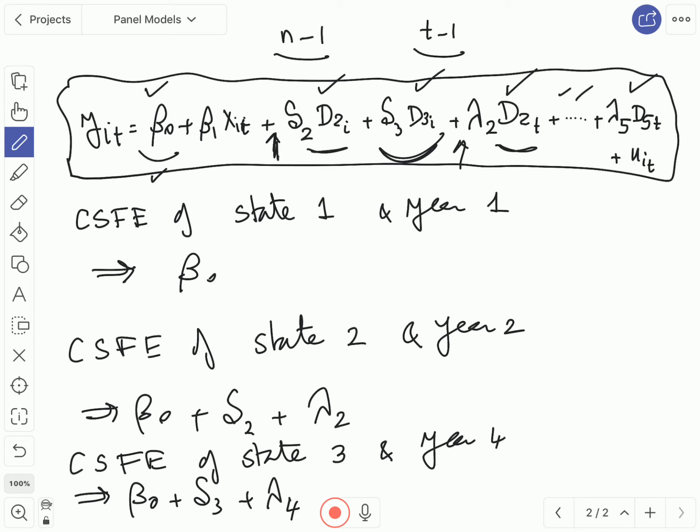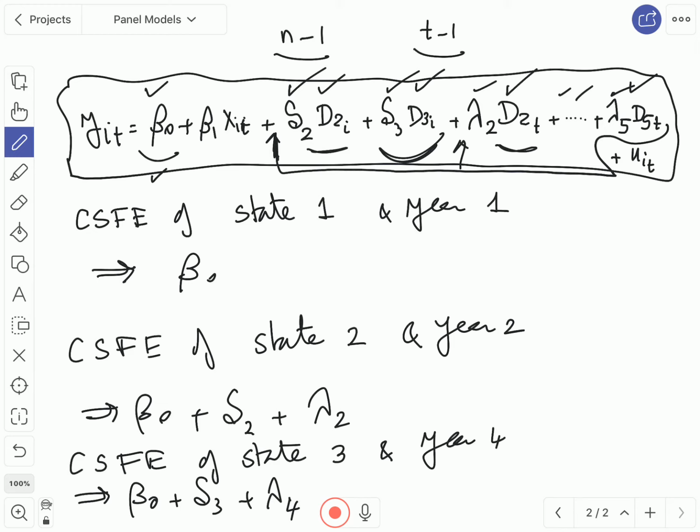Okay, you can actually have a question where you don't have to specify which cross-section and which time effect, but you can do an F-test on whether the list of dummies up to here are statistically significant or not. So we can do an F-test, right? If I'm asking you whether the list of dummies are equal to 0 or not, then you're going to do an F-test on this one, and everything that you see related to the dummies of the time and the dummies of the cross-section.